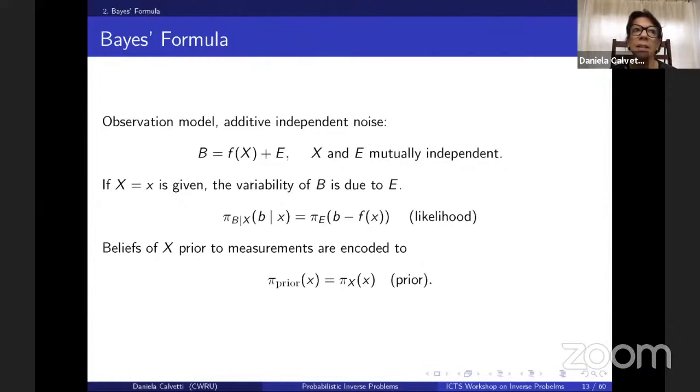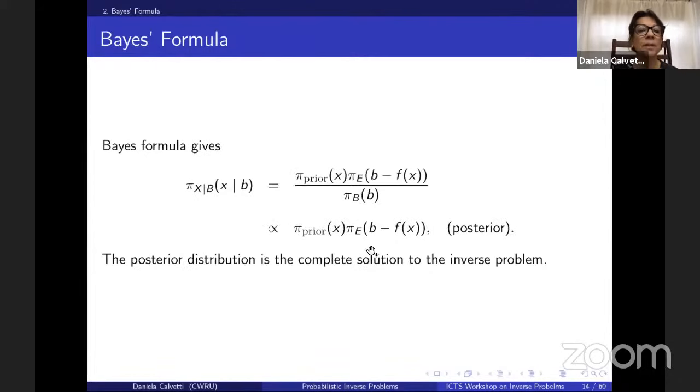Well, the probability of X in inverse problems usually encodes what we know a priori about X. This is independent of the observation model, but is not independent, for example, of having solved the problem 1,000 times before or of all the literature that there is. So you can think that the probability of X is where we put all that we know, the much or the little that we know. And this is called the prior. So likelihood and prior are really the main ingredients of Bayesian inverse problems.